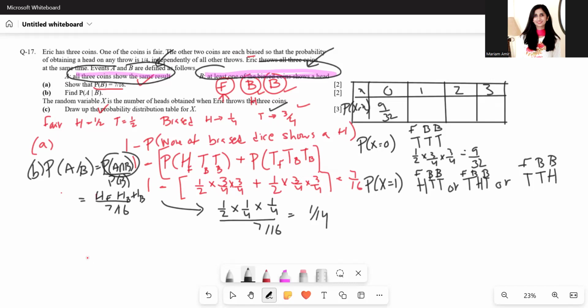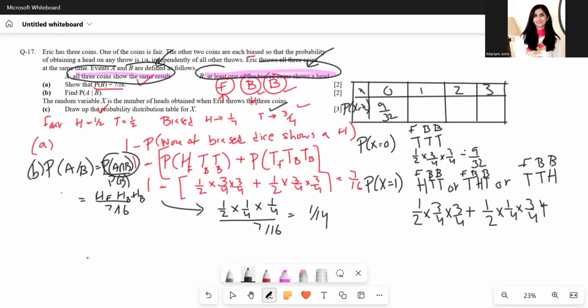Okay, so we'll have to add all of these cases together. We have a half here, then tail on the biased coin is 3 by 4, again 3 by 4, plus, okay, then we have half for the tail on a fair coin, then head on a biased coin is 1 by 4, and tail on a biased coin is 3 by 4.